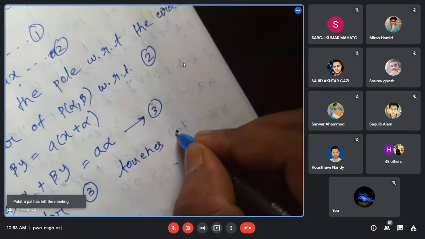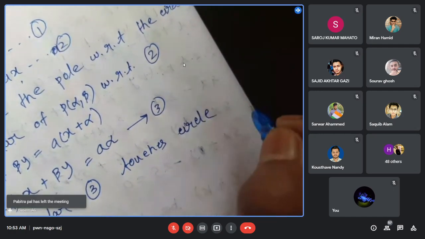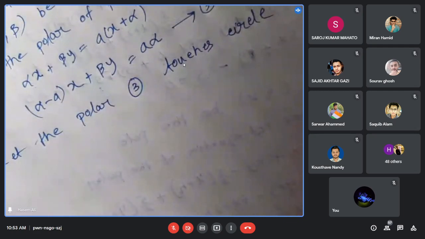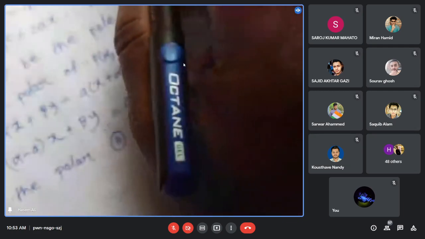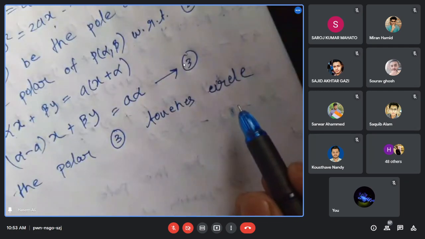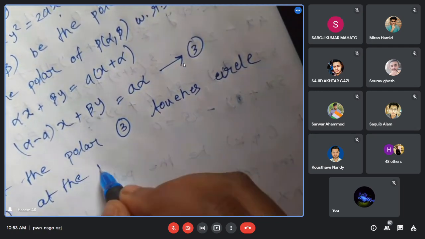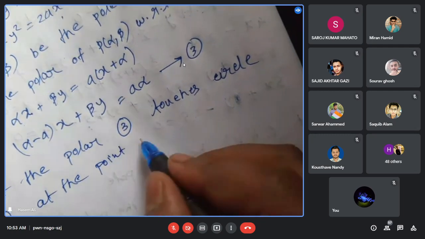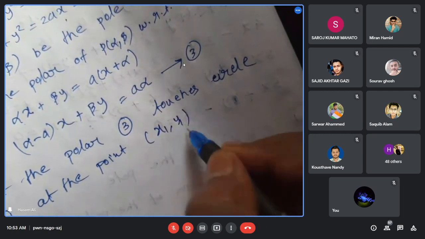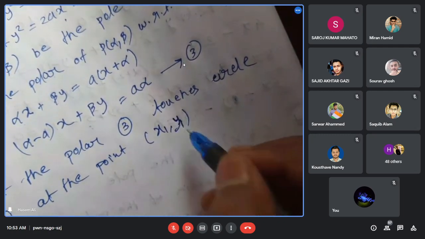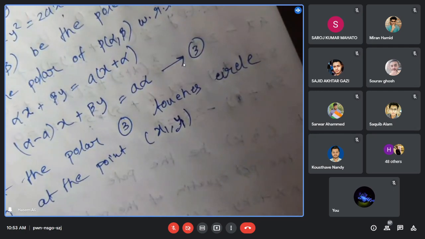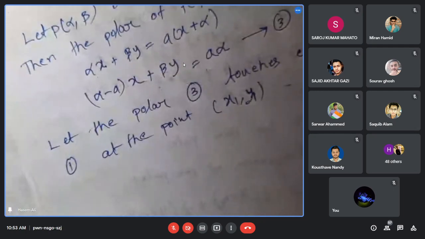Since it is here given that this is tangent, let the polar 3 touch the circle at the point x1 y1. Just we will assume only.